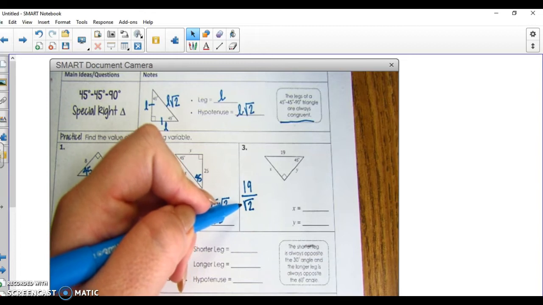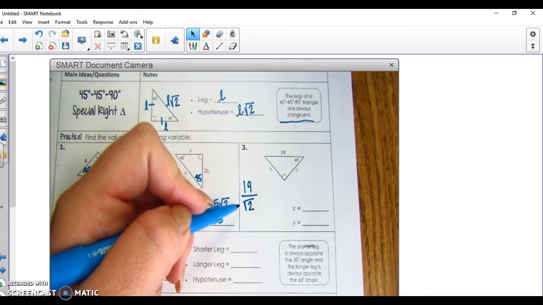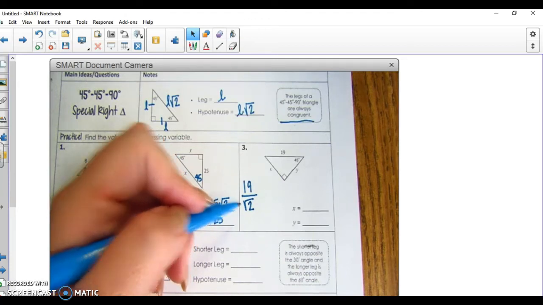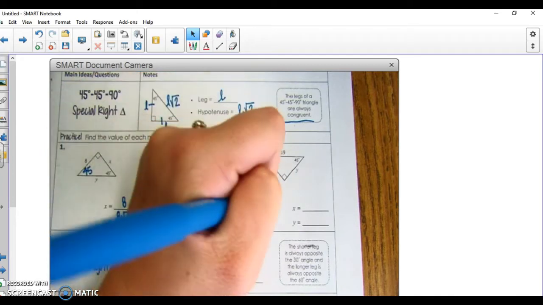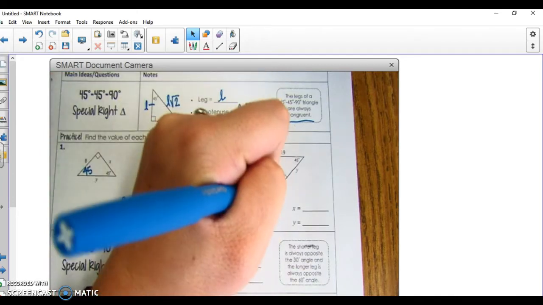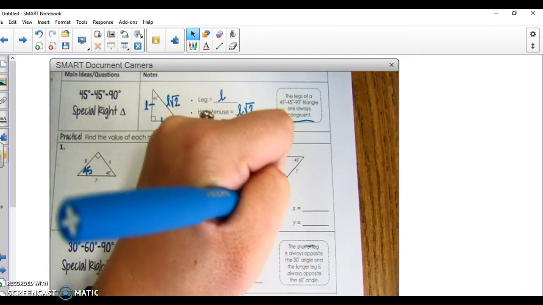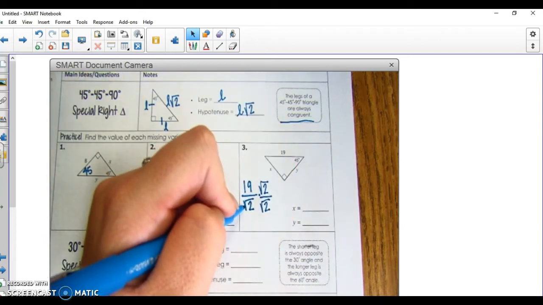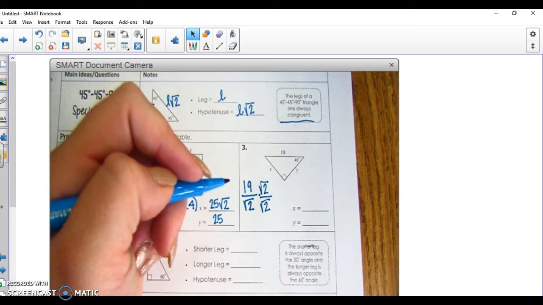So when we learn from our simplifying radicals practice, we can't have a square root in our denominator. So we have to multiply the top and the bottom times the square root of 2. Okay, so anytime we have a square root times the square root, that's just going to be our number.